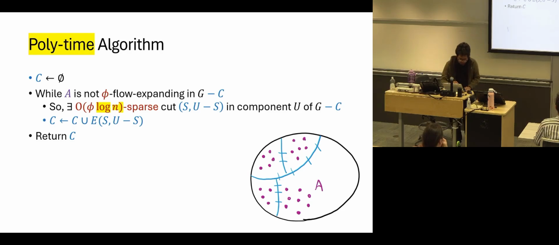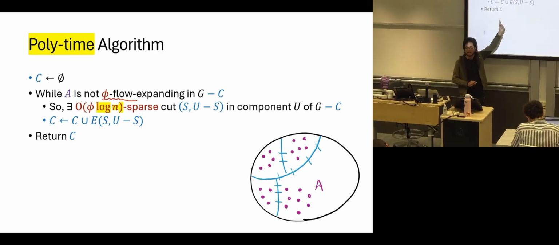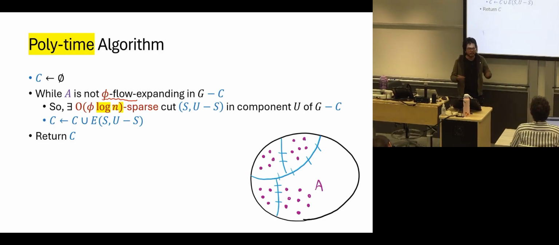So we just check if A is flow expanding or not. And by that I mean check if the A product demand is routable with low congestion or not.